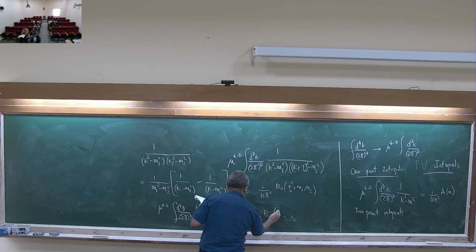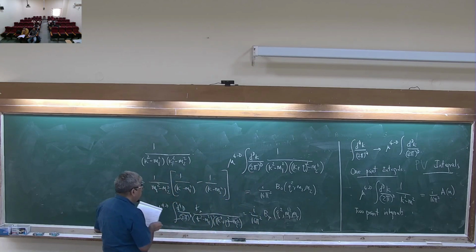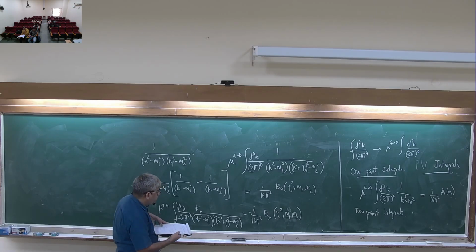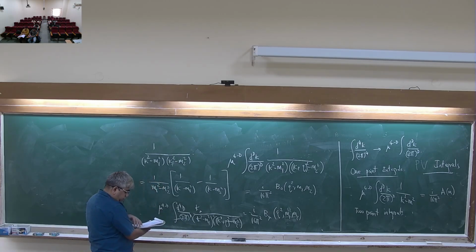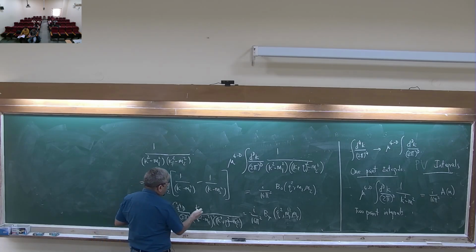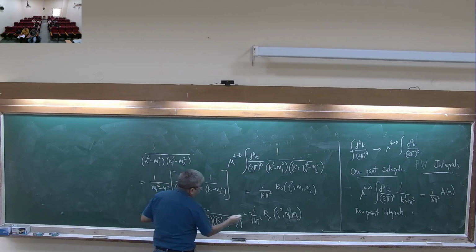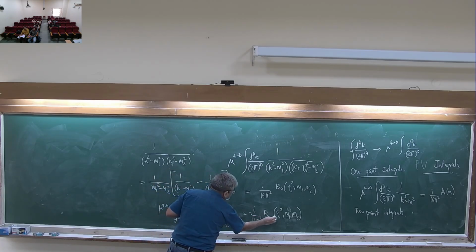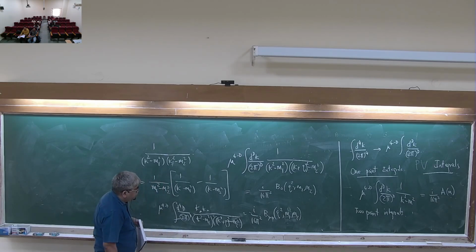This is what I was telling you, that you can always add a momentum in the numerator. Now you can define B1 and so on, and if you have 2 k mu k nu, you'll have B mu nu. Okay.